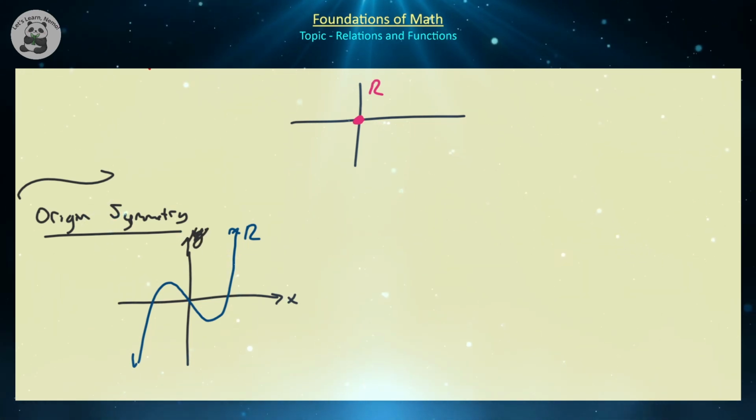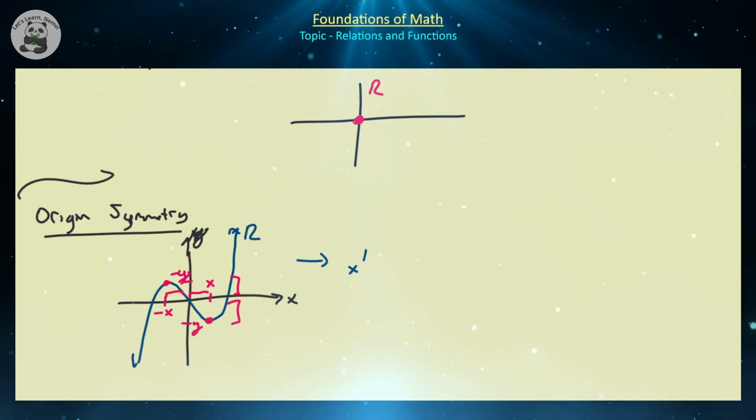So what I'm going to do is pick a particular point x, and let's assume that this is its associated y value, x, y. And then let's assume we choose the opposite value of x, so the same distance on the x-axis, and go down to its y value. If that is the same exact distance, just the opposite y value, i.e. these distances are the same, then we say that this curve has origin symmetry.